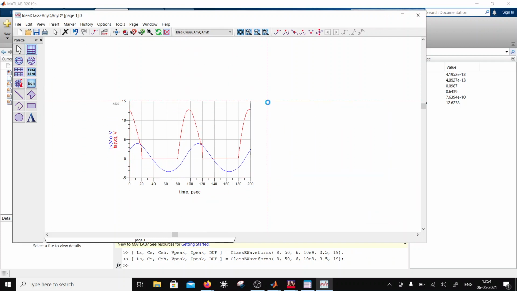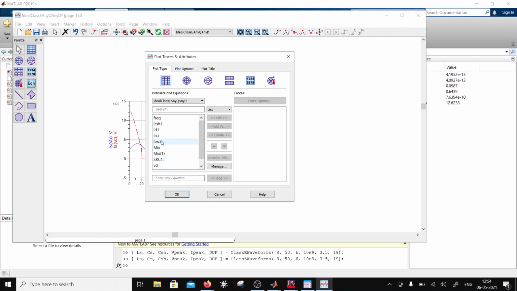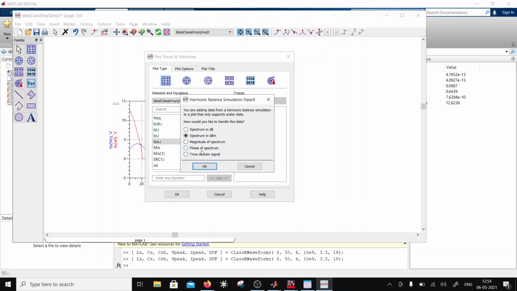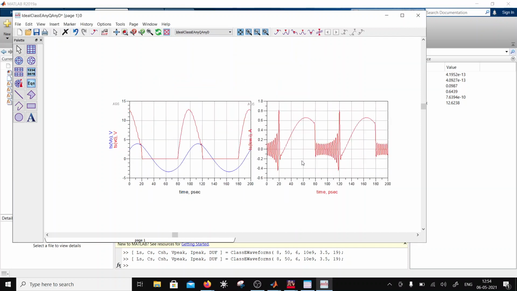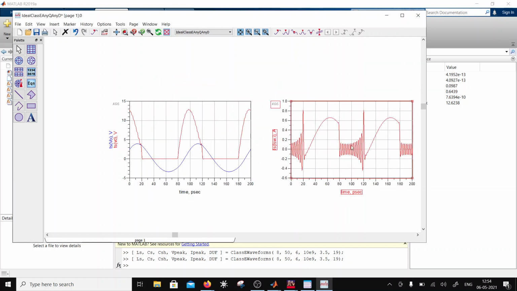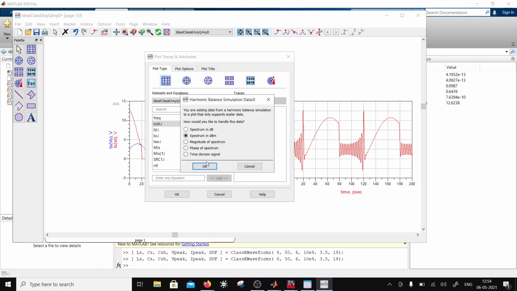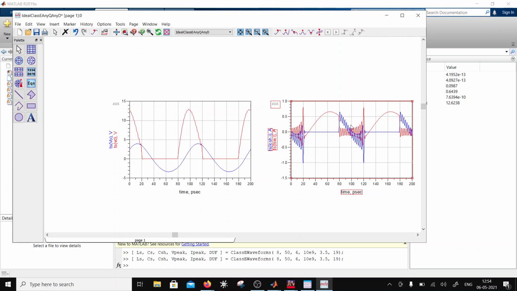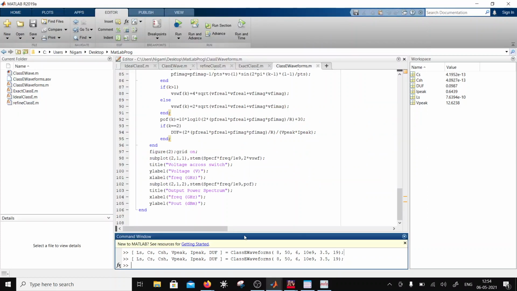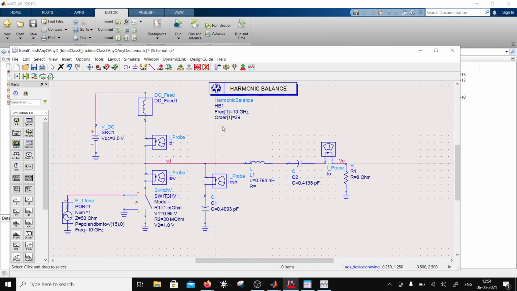Then I'm going to look at the currents. So I'm going to put here I switch, time domain, so I understand what's going on here. And then I'm going to look at ISH, time domain. Okay, so here let's increase the harmonics.